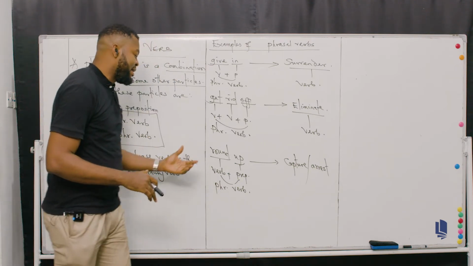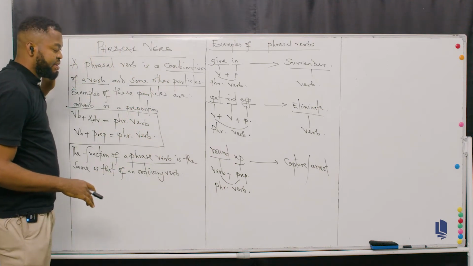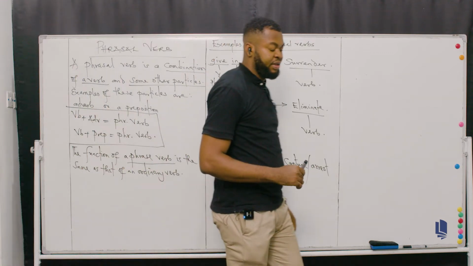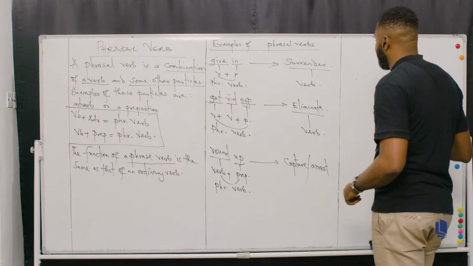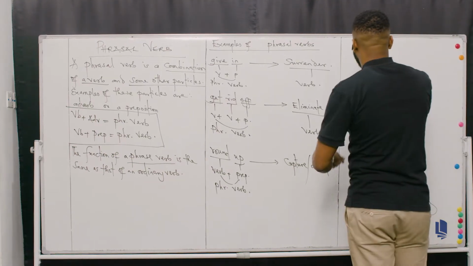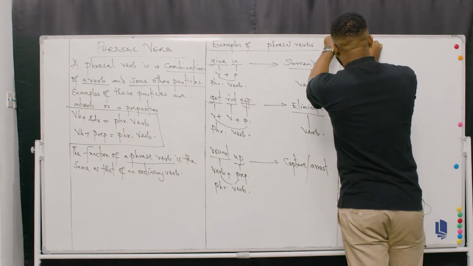Okay, so that's basically the definition of what a phrasal verb represents. So we can take many more examples, and I would like you to tell me the ordinary verbs for these phrasal verbs. So here again, we can have back up.